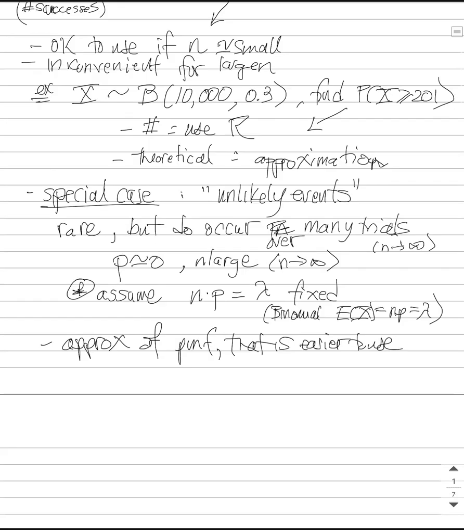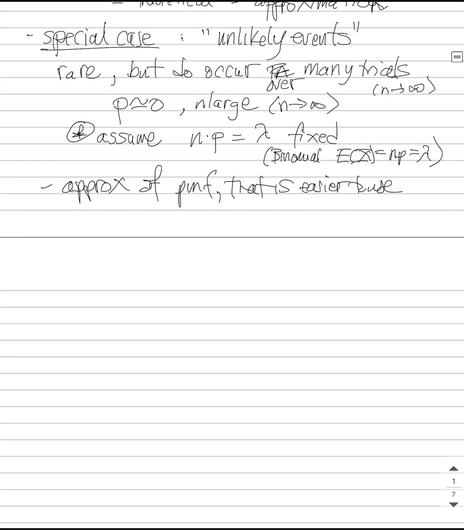That's our idea. The mass function we are interested in is the binomial mass function, and we're going to take the limit, with many, many, many trials.